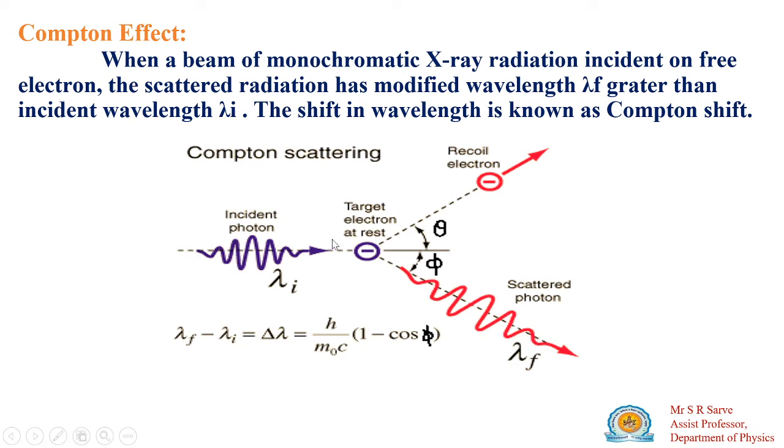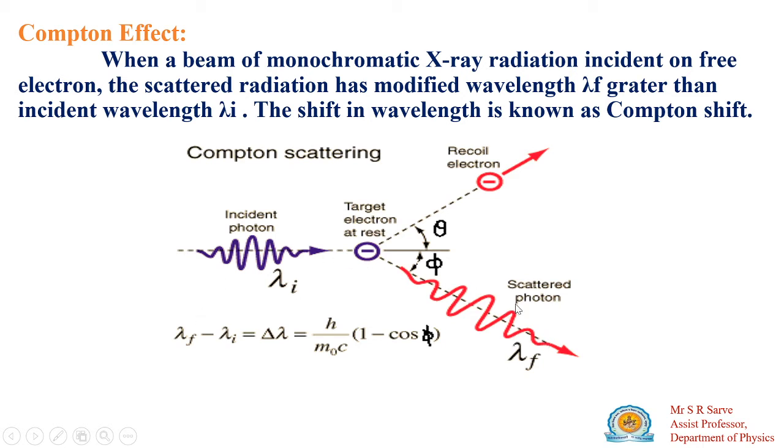When the incident photon collides with the electron, the electron gets scattered in another direction and the photon gets scattered in this direction. Theta is the angle made by the scattered electron with the direction of the incident photon, and phi is the angle made by the scattered photon with the direction of the incident photon radiation.